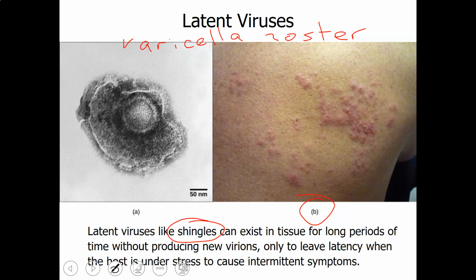Honestly, it normally happens in older people. I have a friend that I work with here at Wilson Community College whose son is a teenager, still in high school, who never had chicken pox, got the chickenpox vaccine and ended up with shingles as a teenager. Shingles is a very painful, blistering type of skin disease.